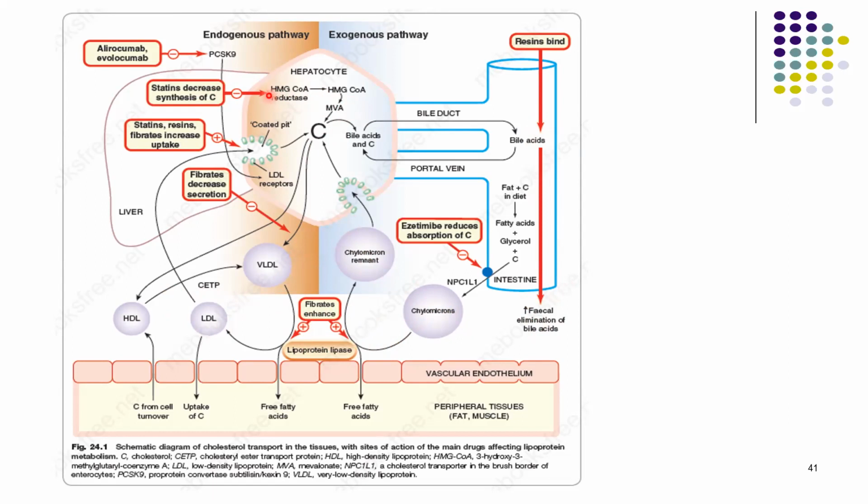And then just now we mentioned PCSK9 inhibitors, which are evolocumab and alirocumab. Okay, that is two. Later I have one slide on how the mechanism of action actually works. And then fibrates also reduce secretion of the LDL.